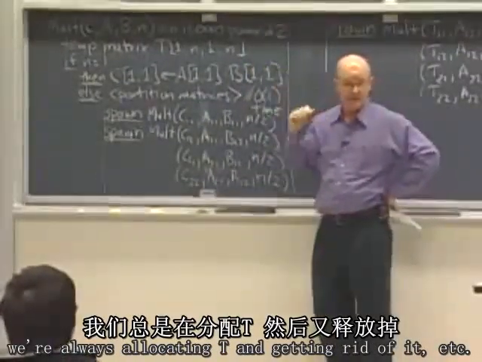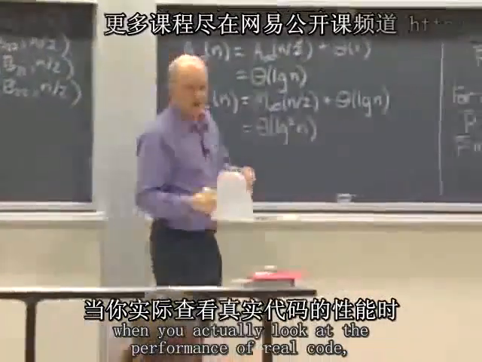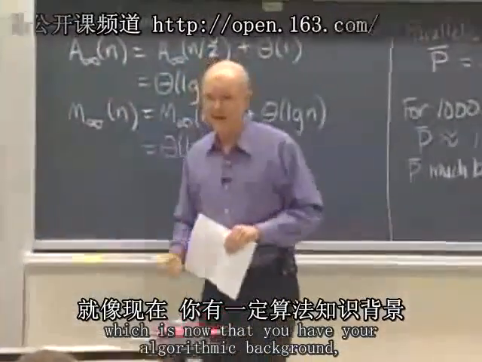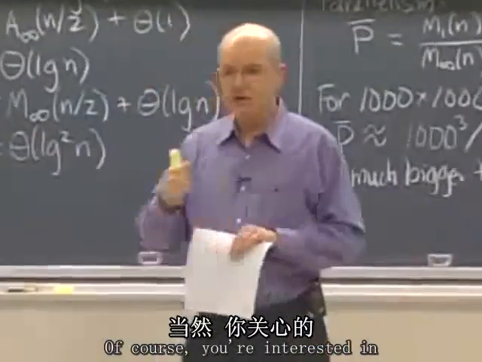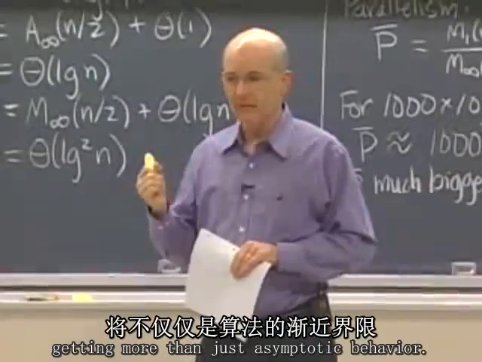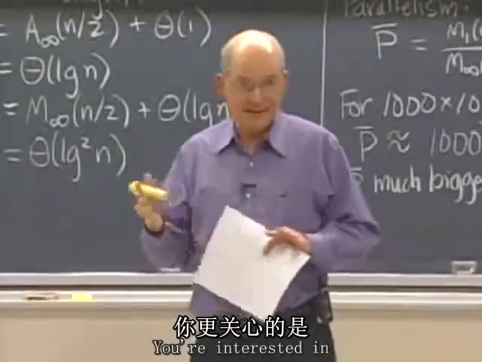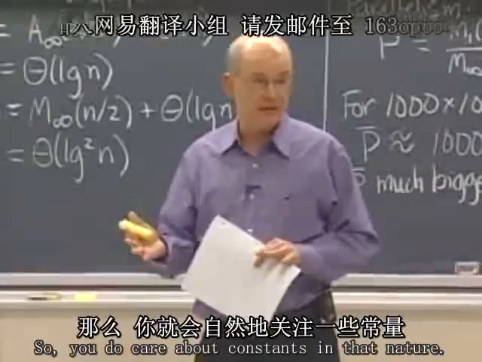And when you actually look at the performance of real code, now that you have your algorithmic background, you're ready to do that with some insight. Of course, you're interested in getting more than just asymptotic behavior. You're interested in getting real performance on real things, so you do care about constants.